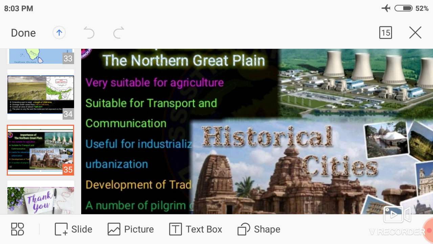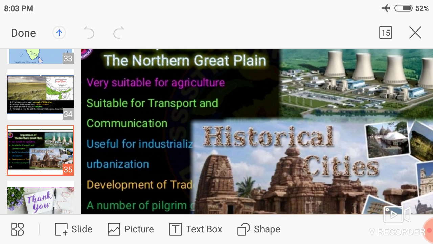Next, what is the importance of the Northern Great Plain? Why are the Northern Great Plains very important? Let's discuss one by one.